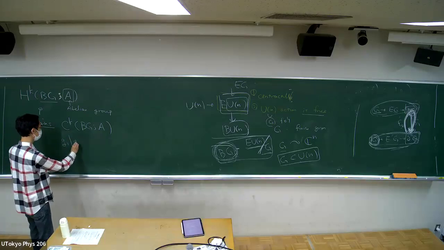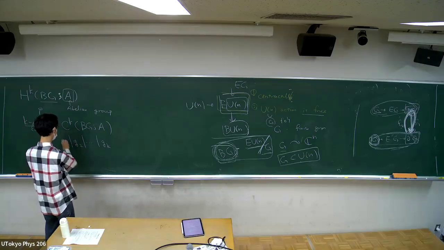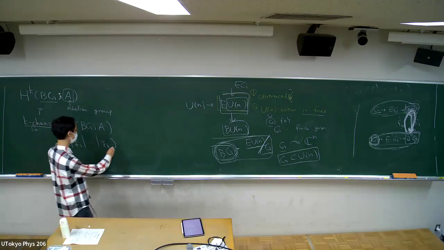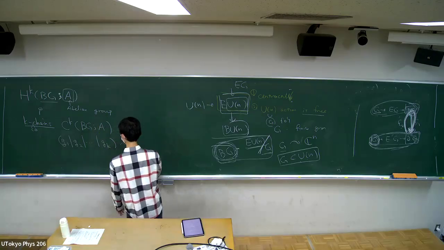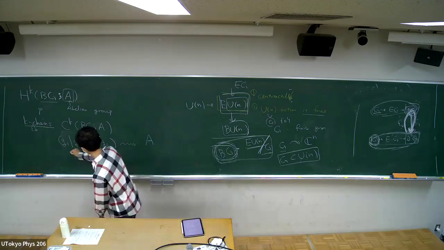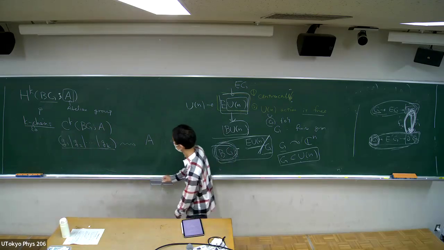So recall that k-cycles are something like this, right? So k-cochains are an assignment of a value in A for each cell of this form.